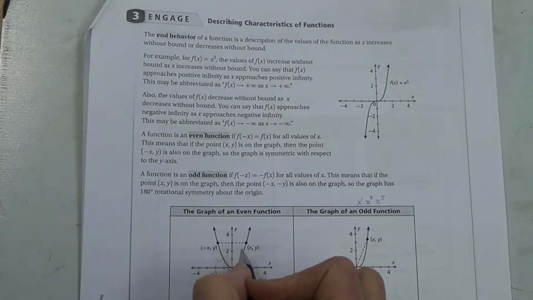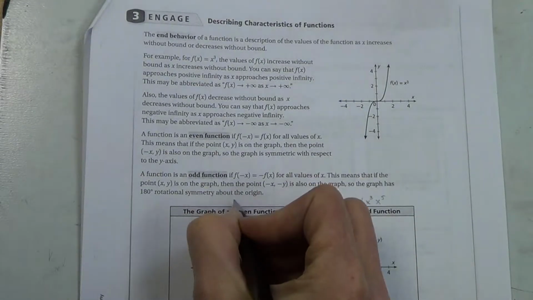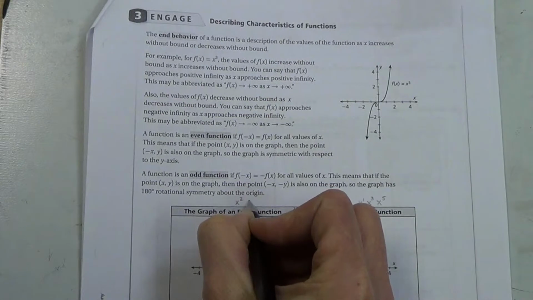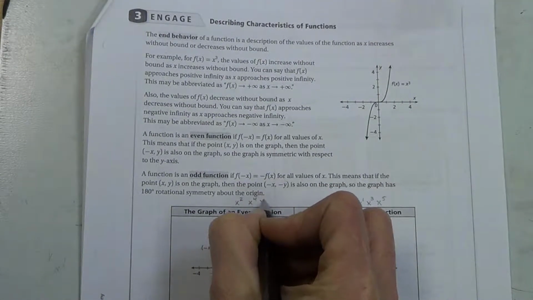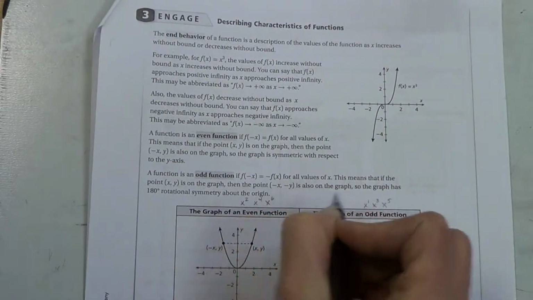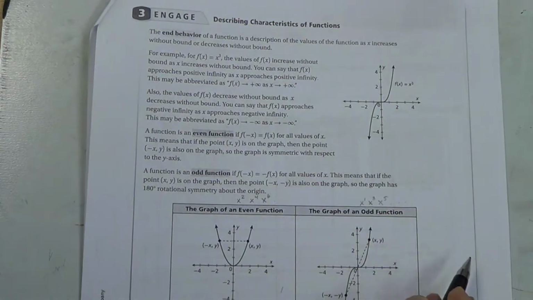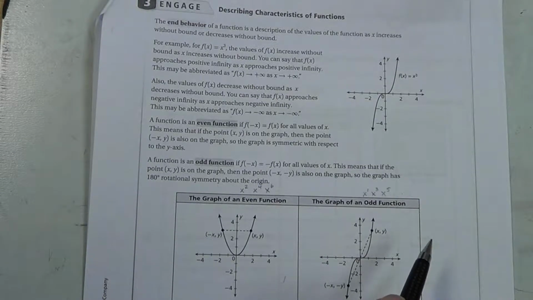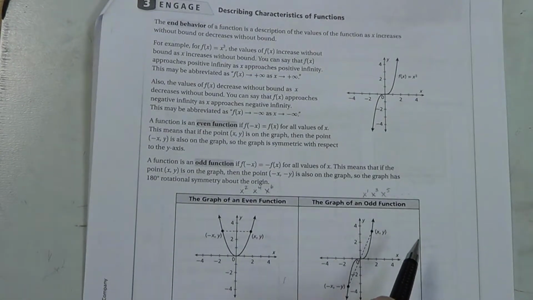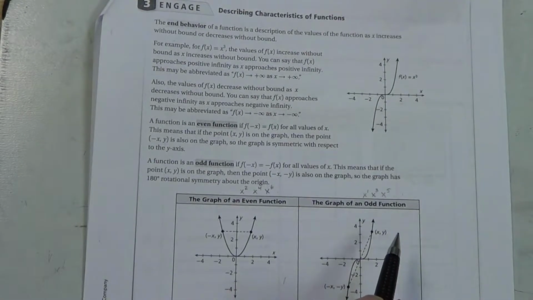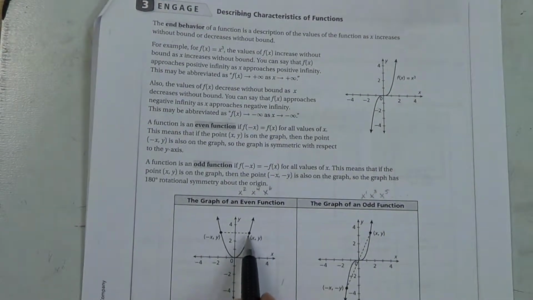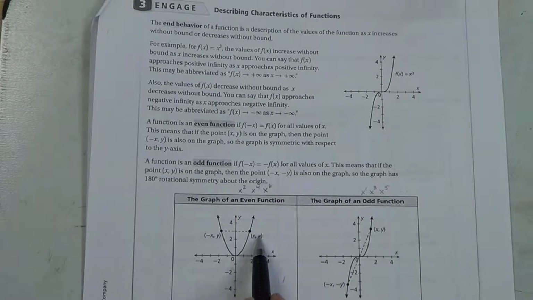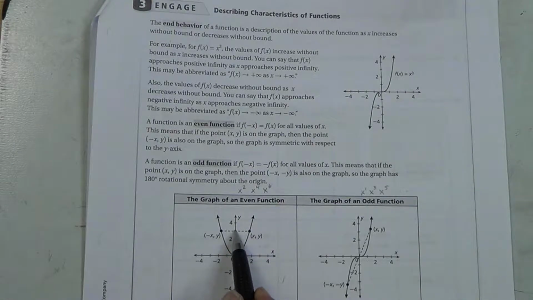And evens are x squared, x to the fourth, x to the sixth, and these could go on in that pattern. Both of them could. Now what you'll notice with the even function is that for all values of x, you will always be able to find an x, y, and it's symmetric over the y-axis.